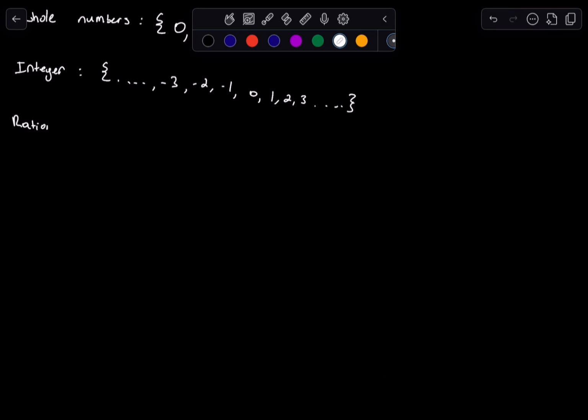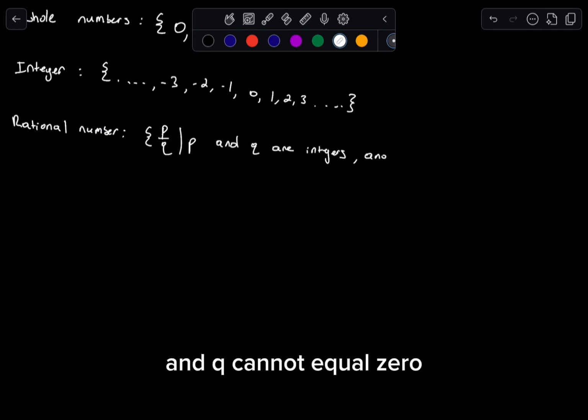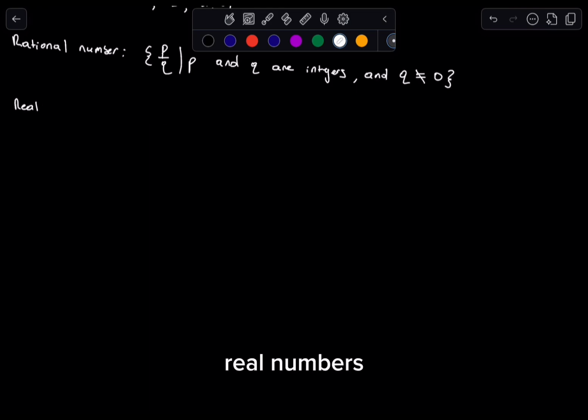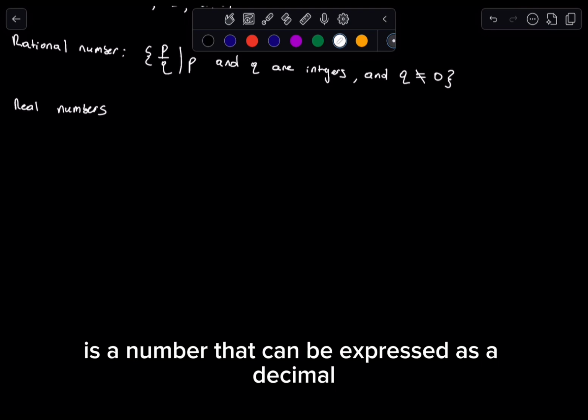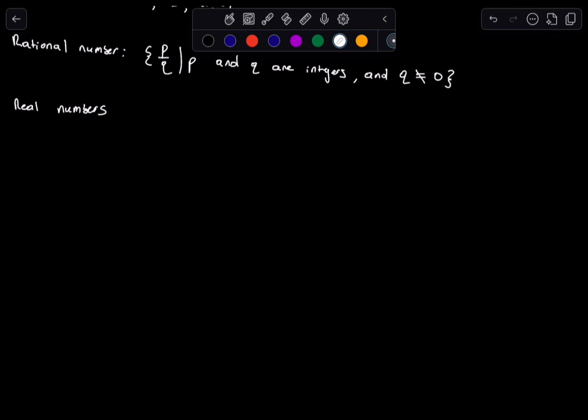Irrational number is going to be as follows. P over Q such that P and Q are integers and Q cannot equal 0. Real numbers is a number that can be expressed as a decimal.